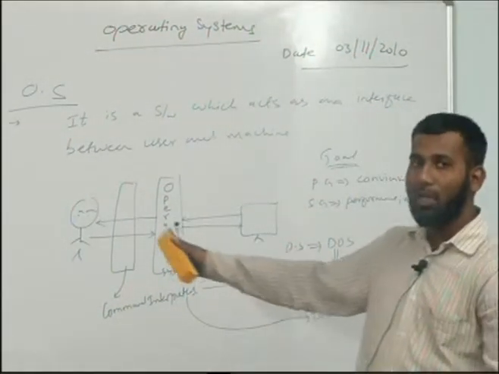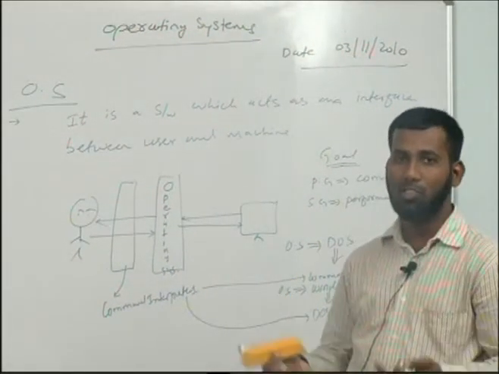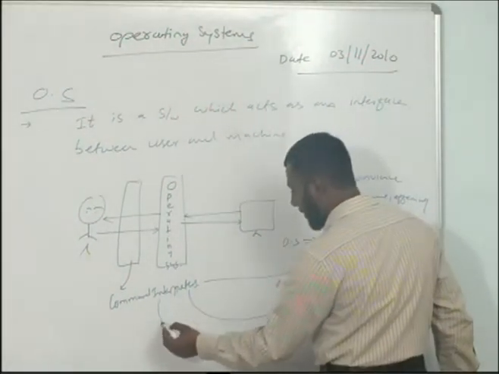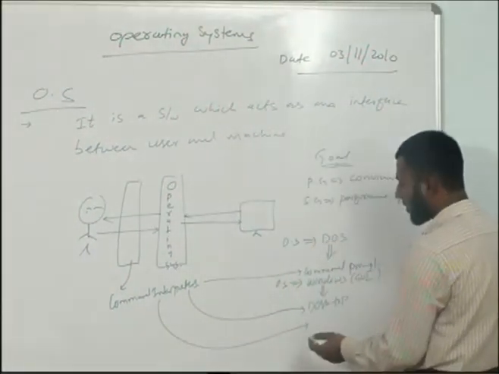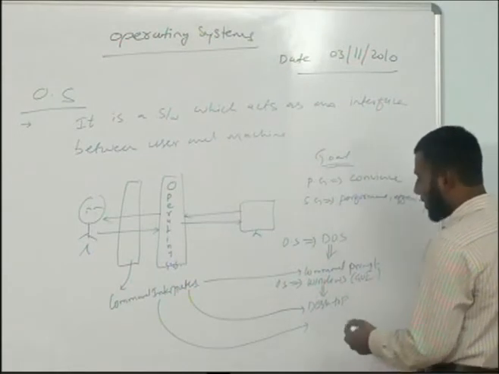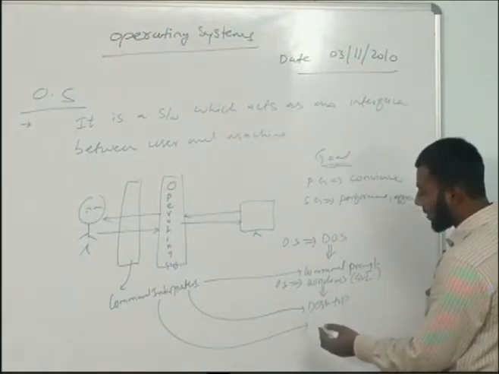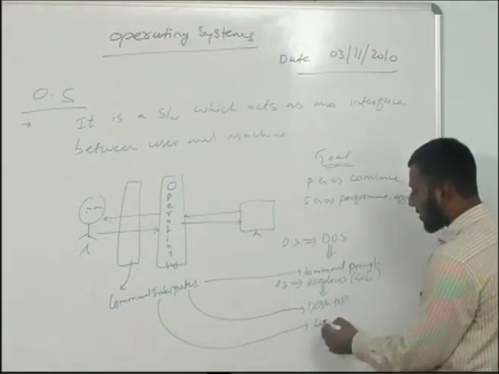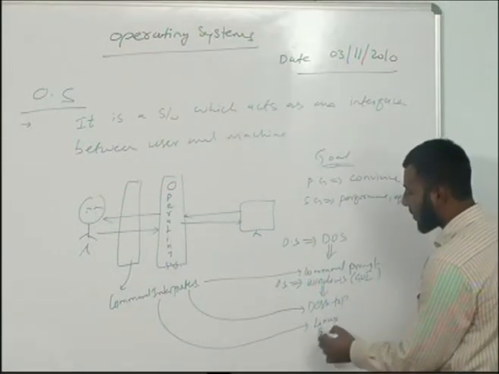Desktop is a command interpreter for GUI based operating systems. Nowadays in Linux flavors we have good GUI operating systems, but generally the command interpreter for Linux flavor operating systems we call shell.